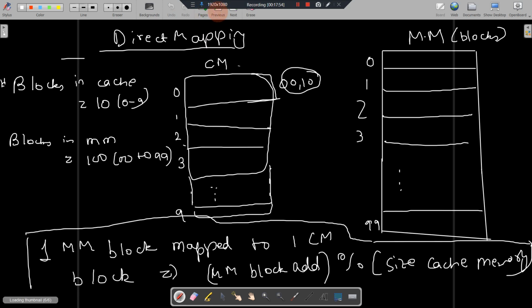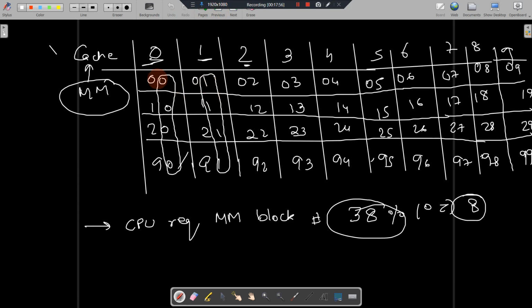we can use an identity card. What is different between 00 and 10? The difference is their MSB bits. All the MSB bits of the blocks which are mapped to the same cache 0 are different.